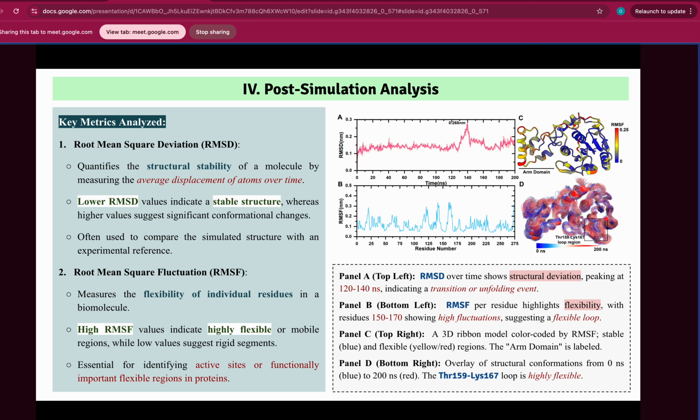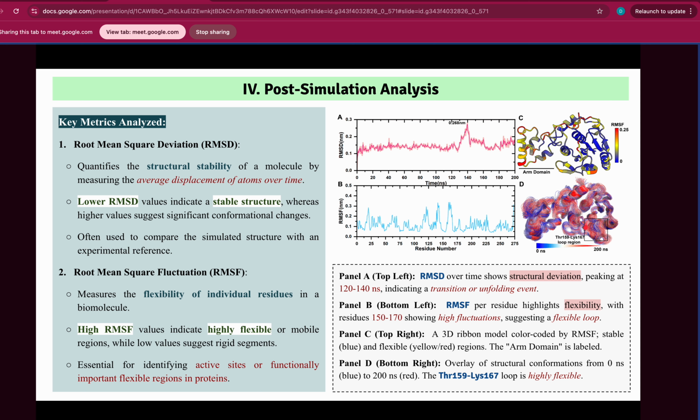Here they have pointed out that this region is highly flexible. When we overlay, this region shows multiple thin lines instead of overlapping on each other and showing the darker side. That means these are not properly overlapping on each other, so this region is mobile. It is changing the conformation.